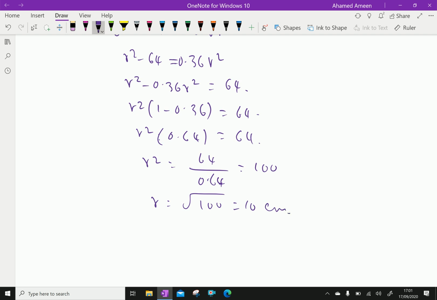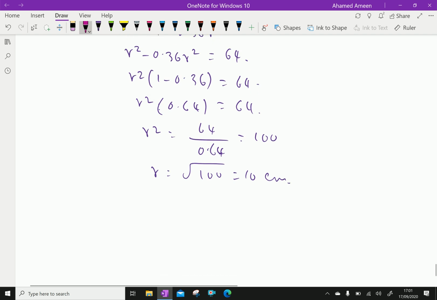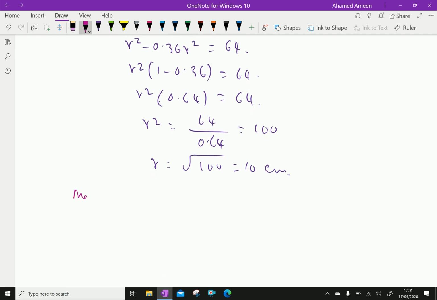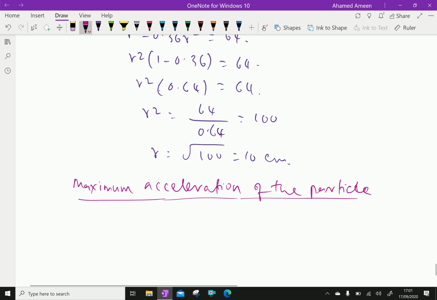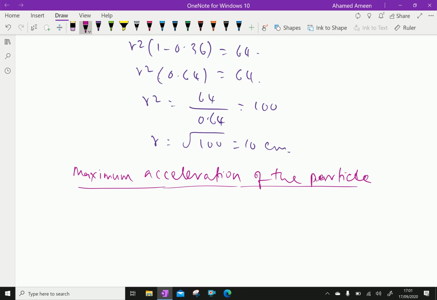Next one, maximum acceleration. We got the radius, that is the amplitude, as 10 centimeter. Next, the maximum acceleration of the particle.